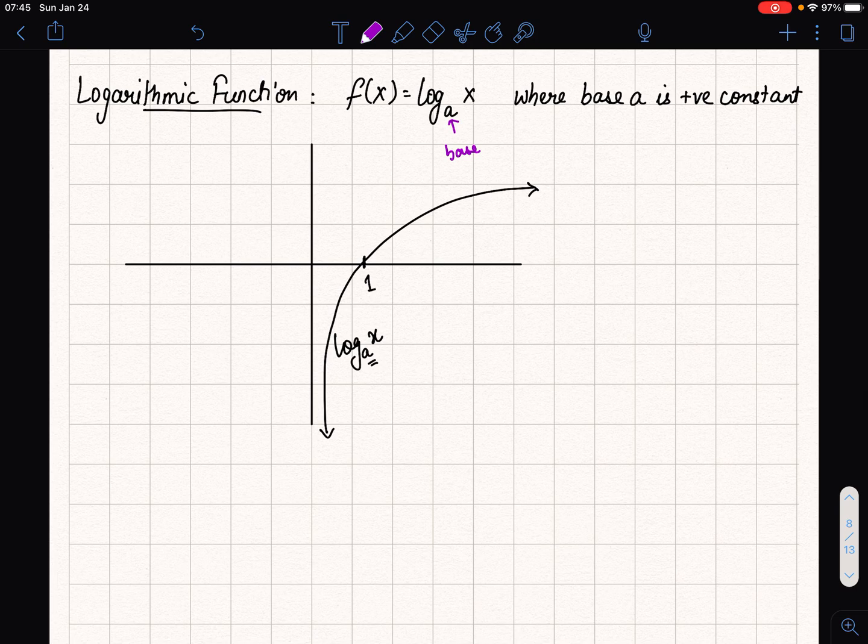You have something approaching from the left-hand side from negative infinity, goes to 0 at x equals 1, and then starts increasing to positive infinity. Notice that log of 1 to any base a is always 0. Log of 0 to any base a is never defined.